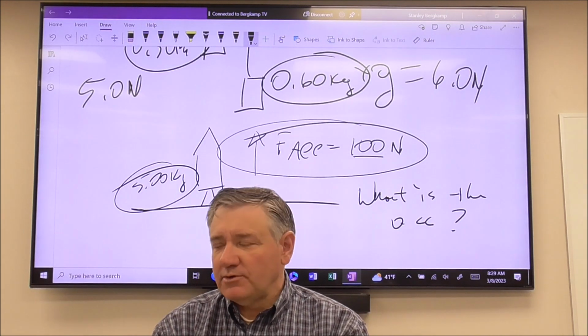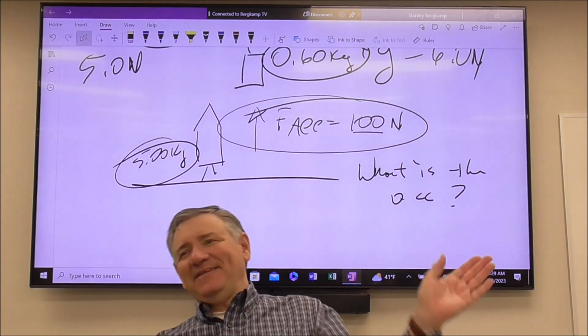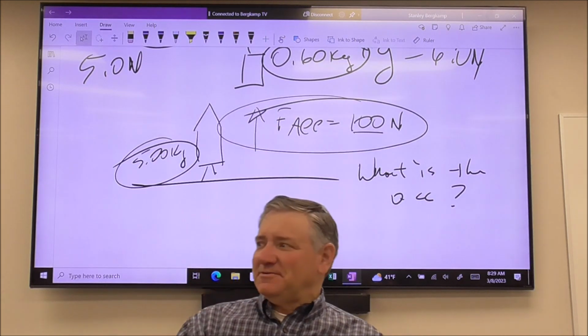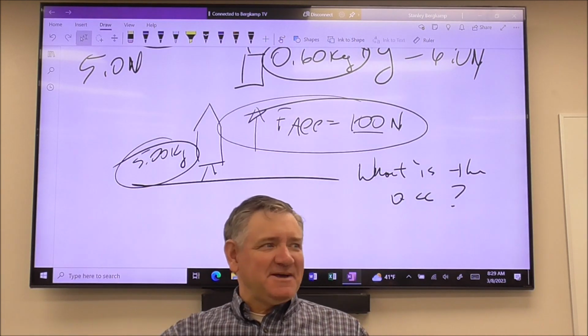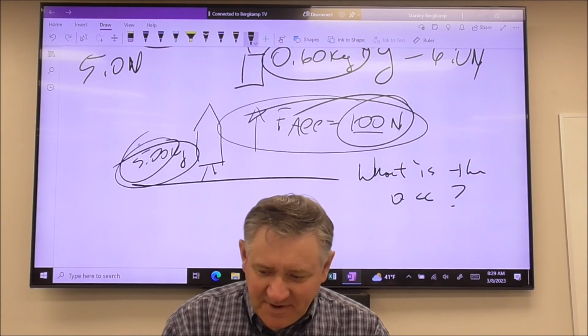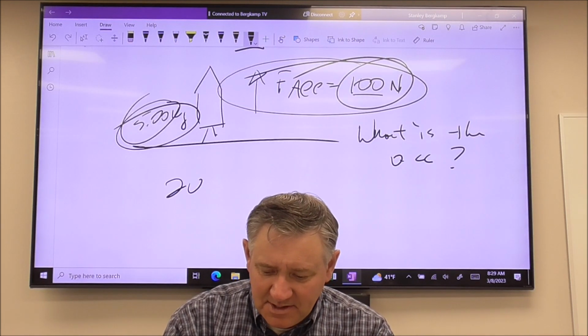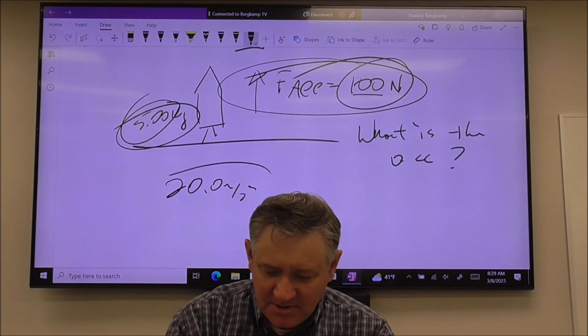Gravity mafia. You are not going to pay the gravity mafia. You go, oh, I got this. Simple. F equals ma. Here's my force, 100 newtons. Mass is 5 kilograms. I'm going to take 100 and divide that by 5, and I'm going to get 20 meters per second squared.